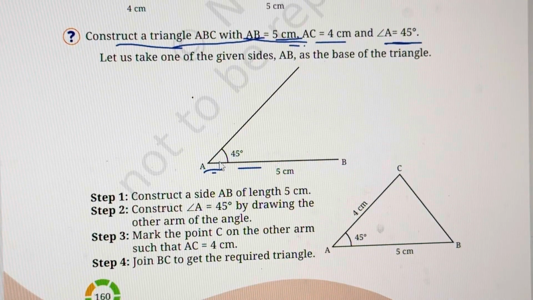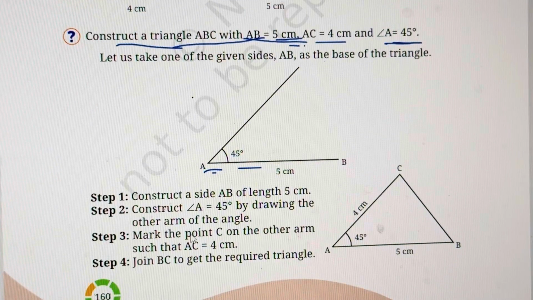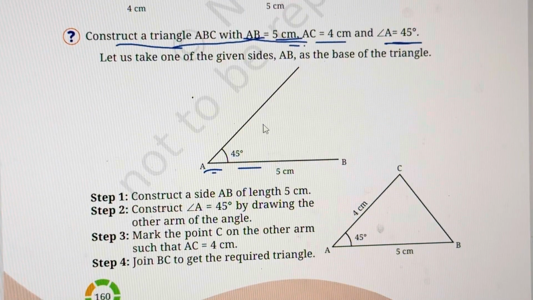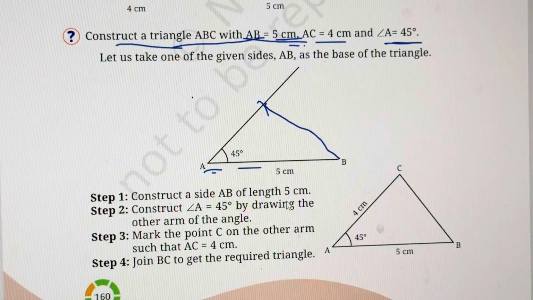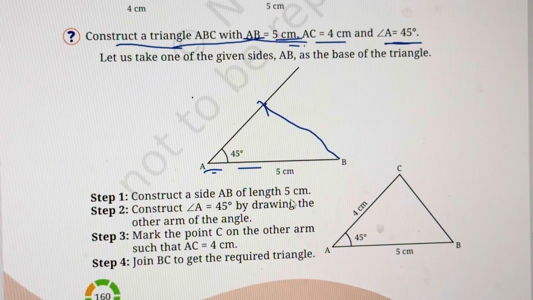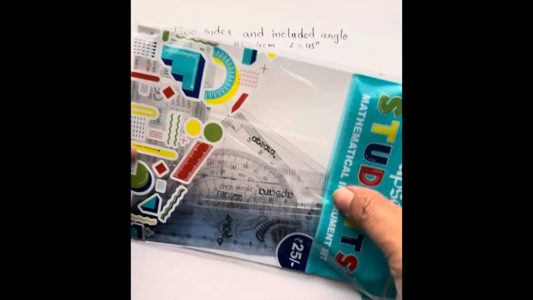Then mark point C on the other arm such that AC is 4. So you can use a compass, measure 4 centimeter with the help of a scale and mark an arc over here which is 4 centimeter. Once you get 4 centimeter, then you can join these two and you get the triangle. So these are the steps. Now I'll show you the actual construction.